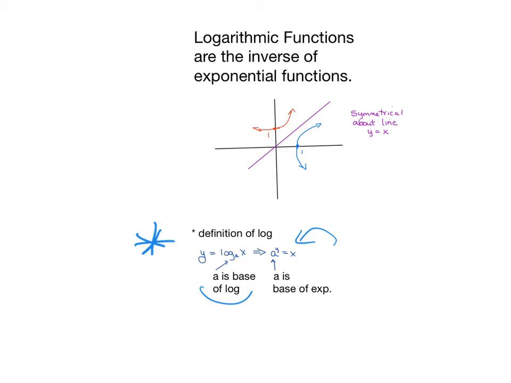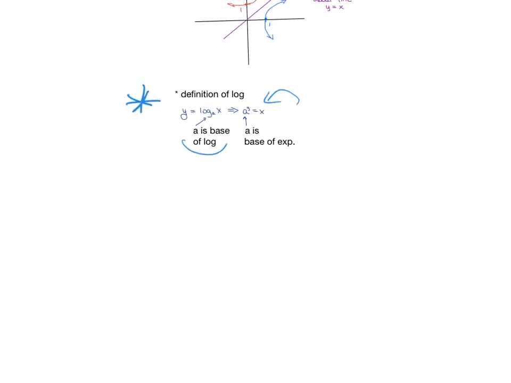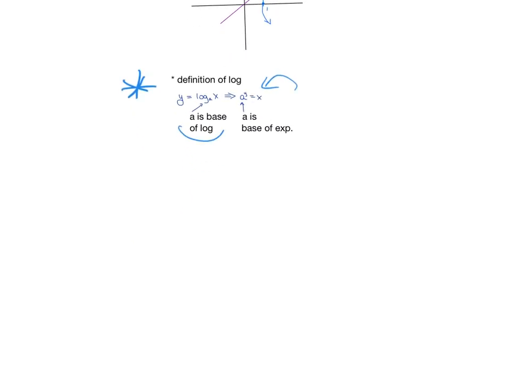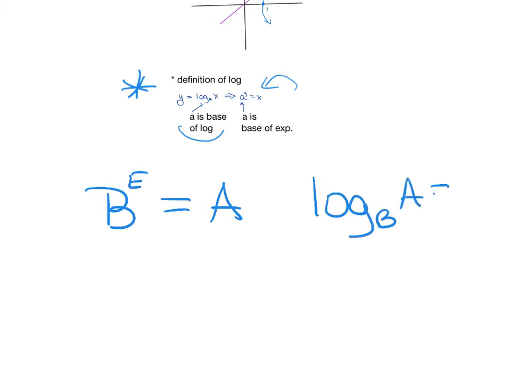Okay, so let's try that. Everybody good so far? Let me just clarify here. Your exponential equation is going to look like this, and your log is going to spell out BAE. So let's go ahead and practice this.